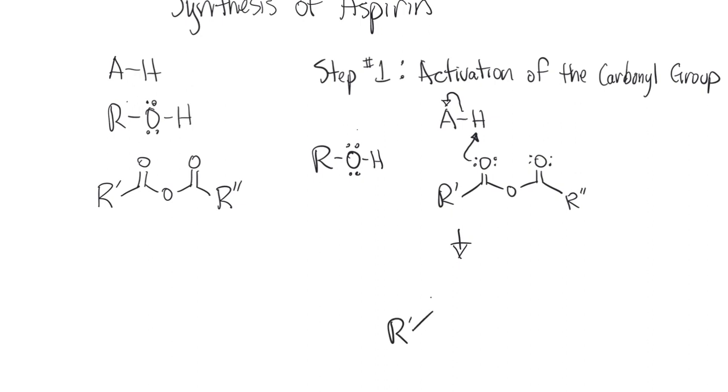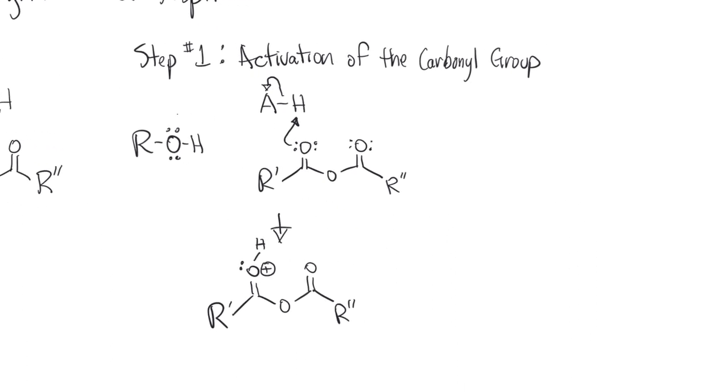Our R prime, R double prime, and we have this oxygen that has a positive charge on it now. Now, if we think about resonance structures, it doesn't make sense for the oxygen to have a positive charge.